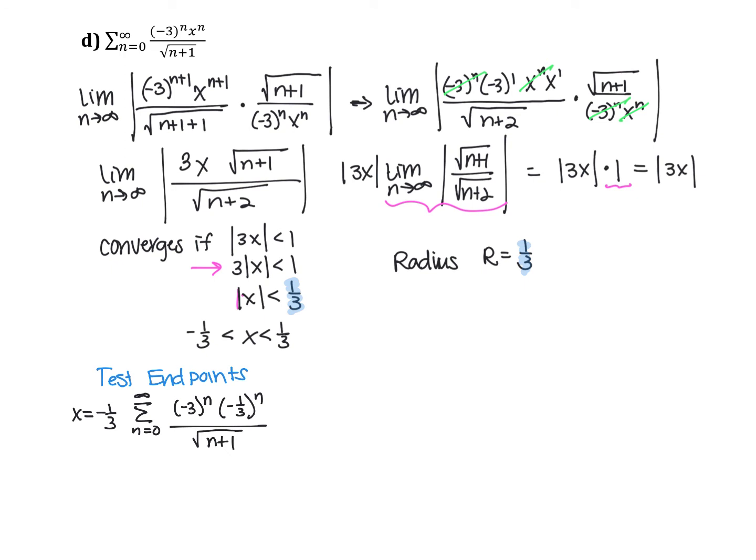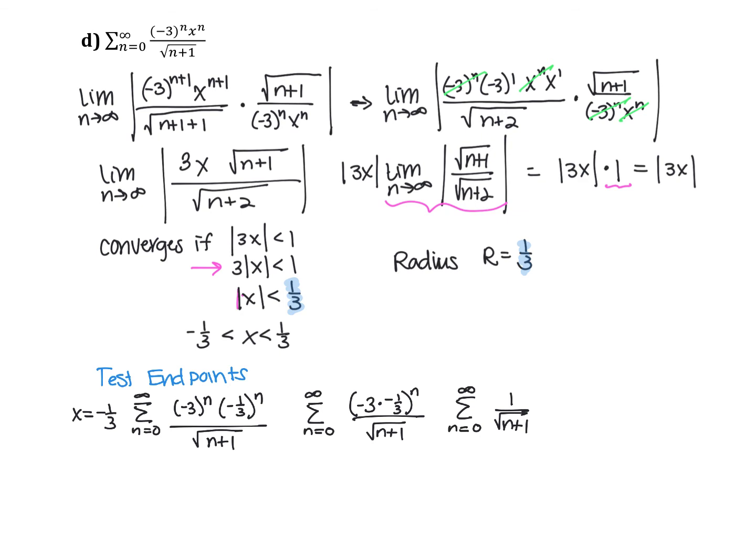Cleaning that up just a little bit, if my exponents are the same, so I have in the numerator here negative 3 to the n power and negative 1/3 to the n power, this is the same as saying negative 3 times negative 1/3 to the n power. Well, if I multiply those, what I get is the sum from n equals 0 to infinity of positive 1 over the square root of n plus 1.